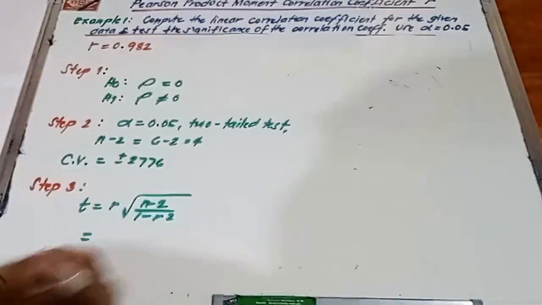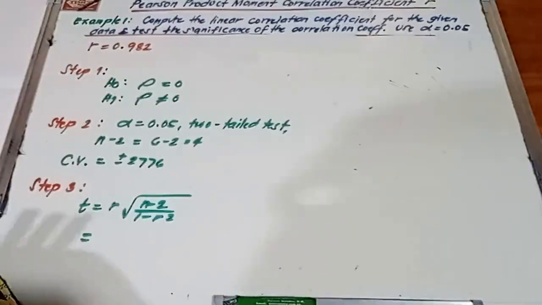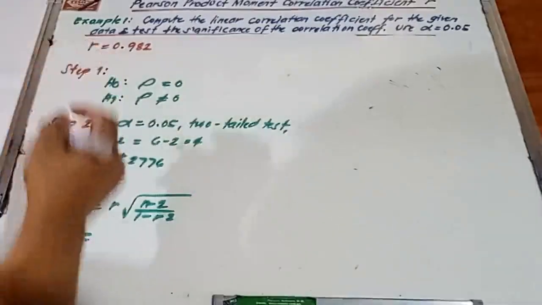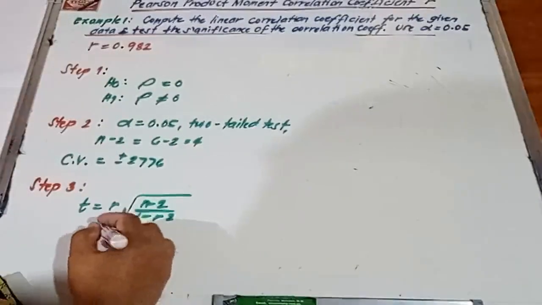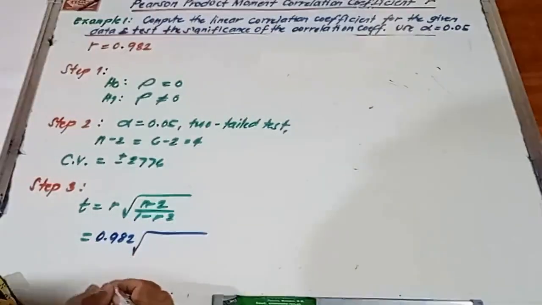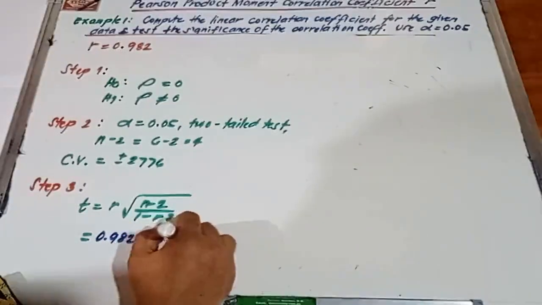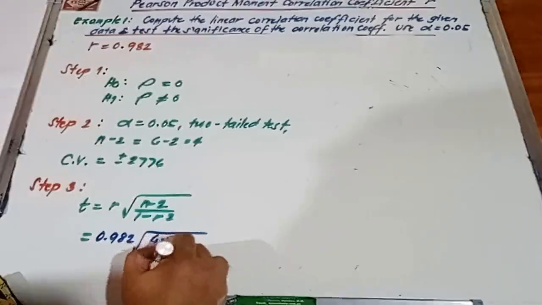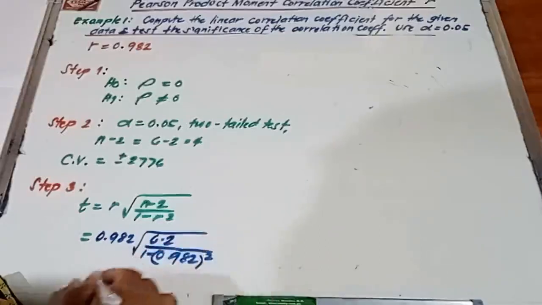Okay, substitute natin yung ating values. We have r is 0.982, 0.982 square root of n minus 2, that is 6 minus 2 equal to 4, over 1 minus 0.982 squared. Okay.